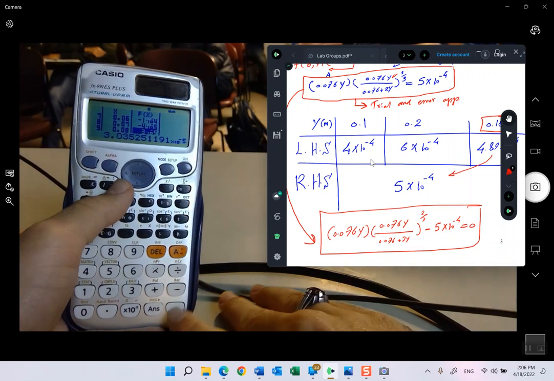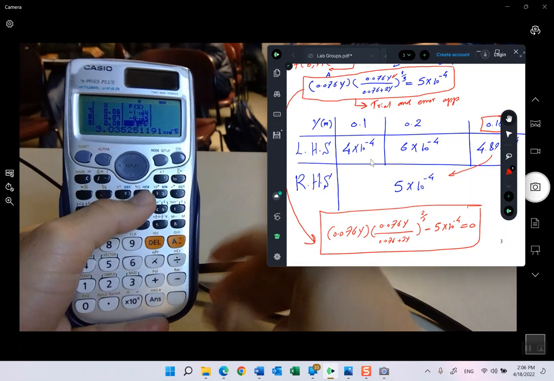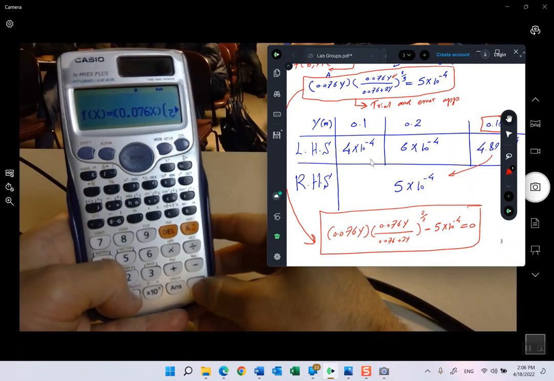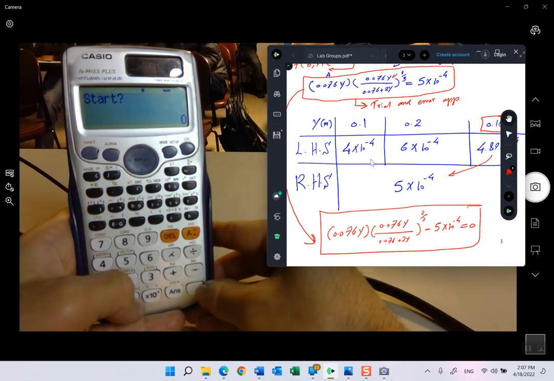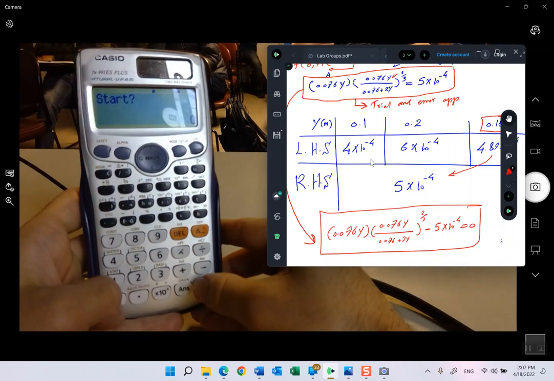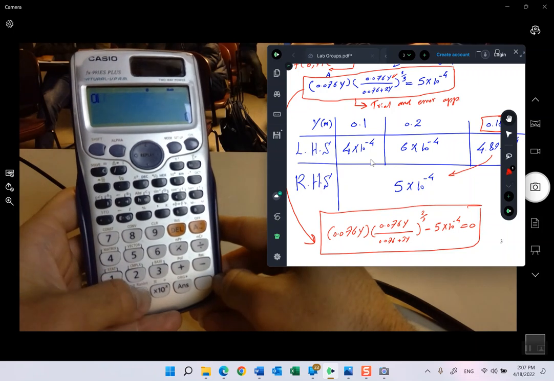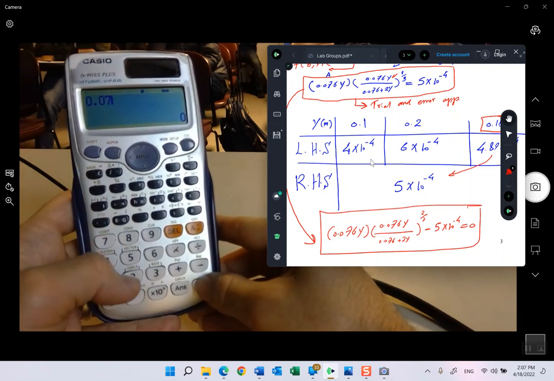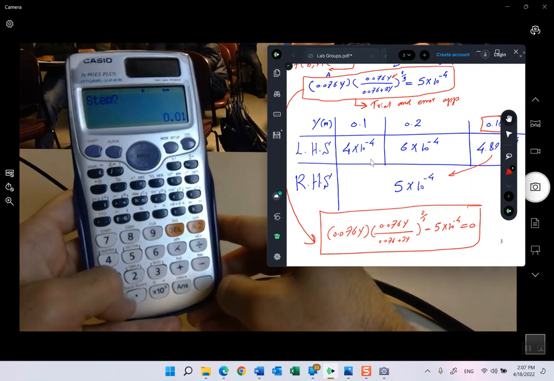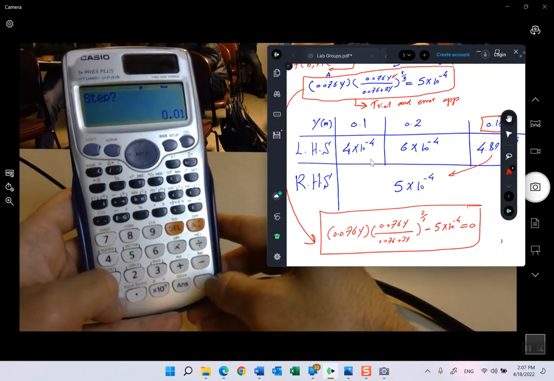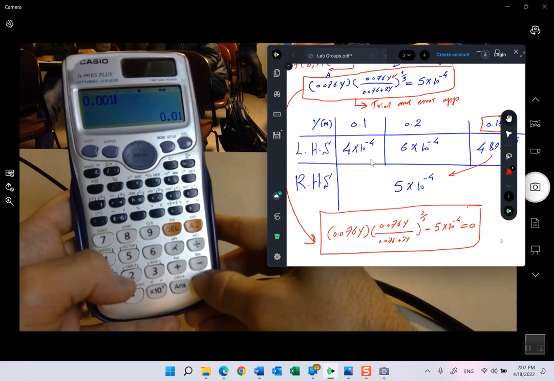So I will press AC. I won't have to rewrite the equation. I will just press equal. When it asks me about the start, I will say it's 0.07. When it asks me about the end, I will say it's 0.08. When it asks me about the step, I will say it's 0.001.